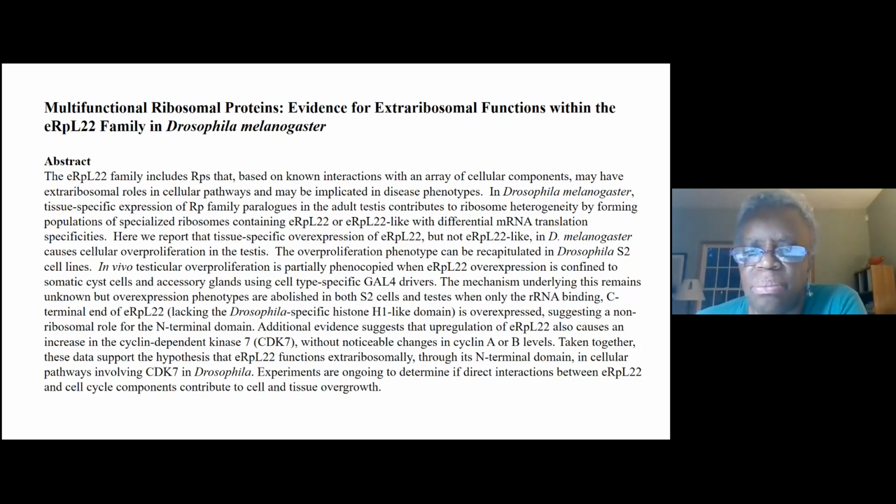So that overproliferation statement is an important one. I think many people would understand the concept of cells dividing when they should not be dividing could be a problem. Certainly could be a problem. So I think you've gotten the essence of it.